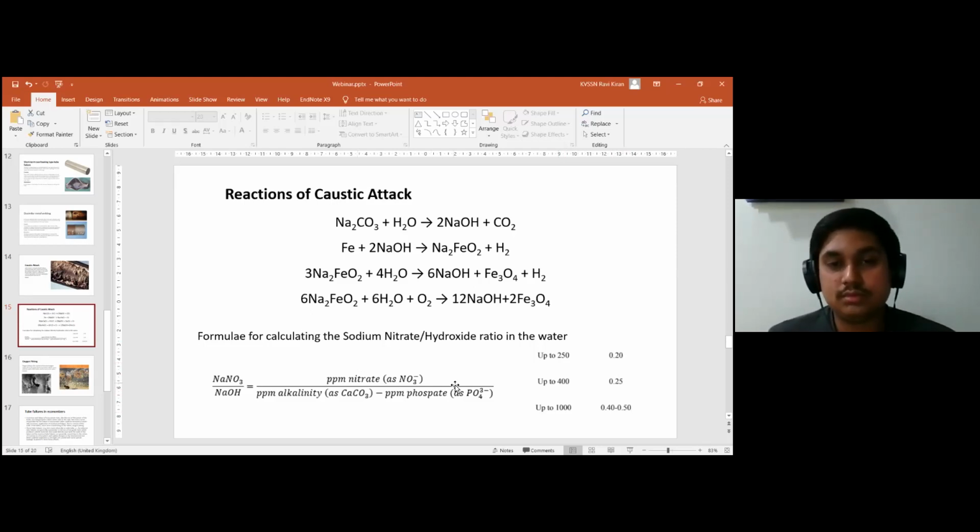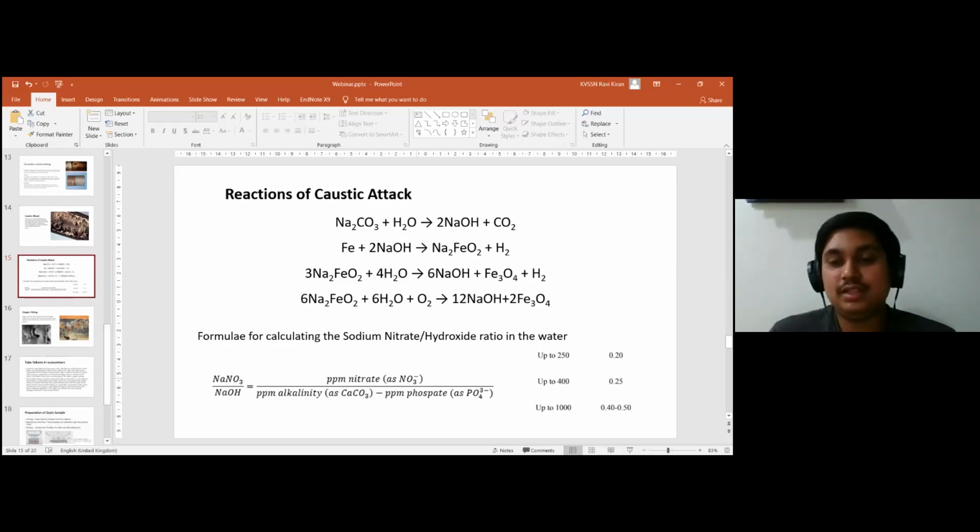So it is quite important to maintain the ratio of these compounds in the water with respect to the operations.